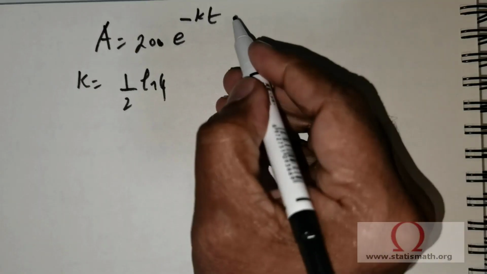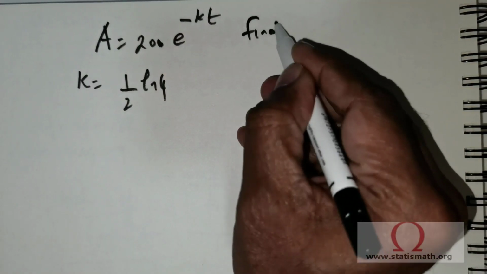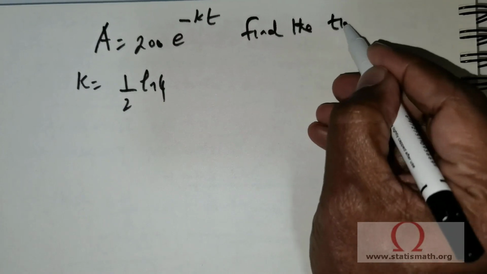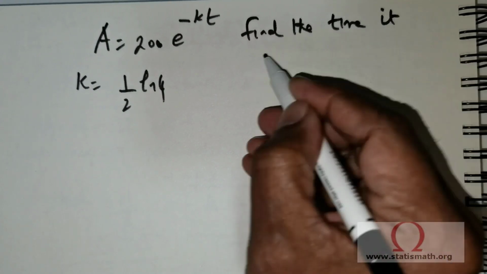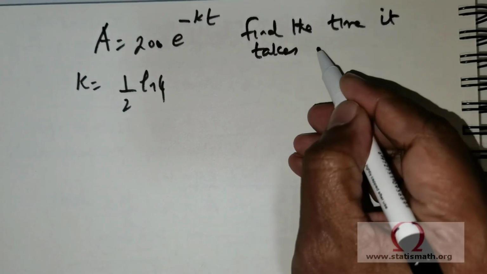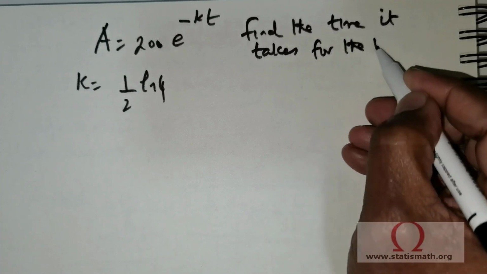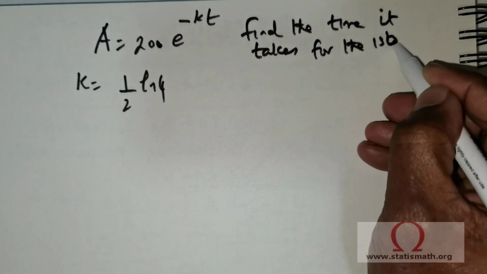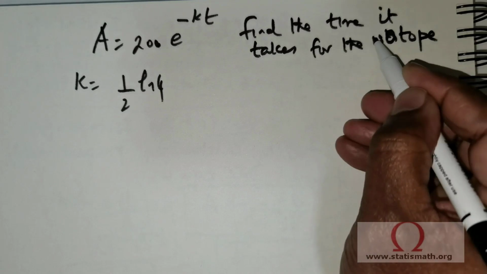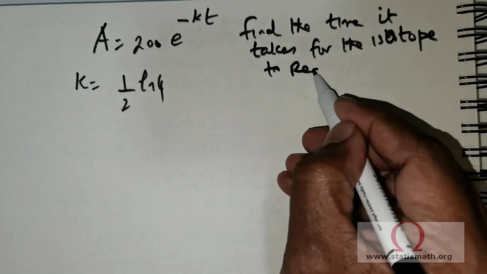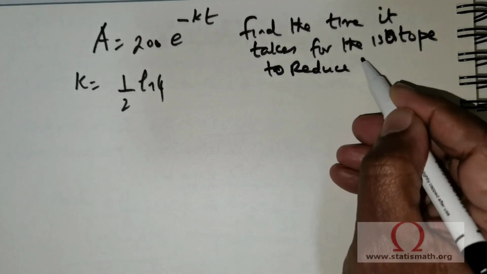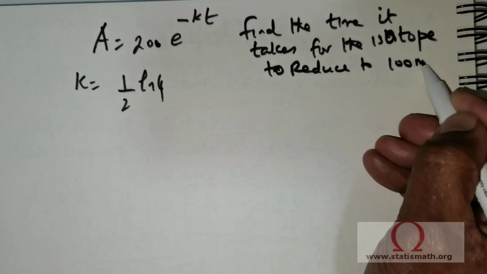Now the final question wants us to find the time it takes for the isotope to reduce to 100 milligrams.